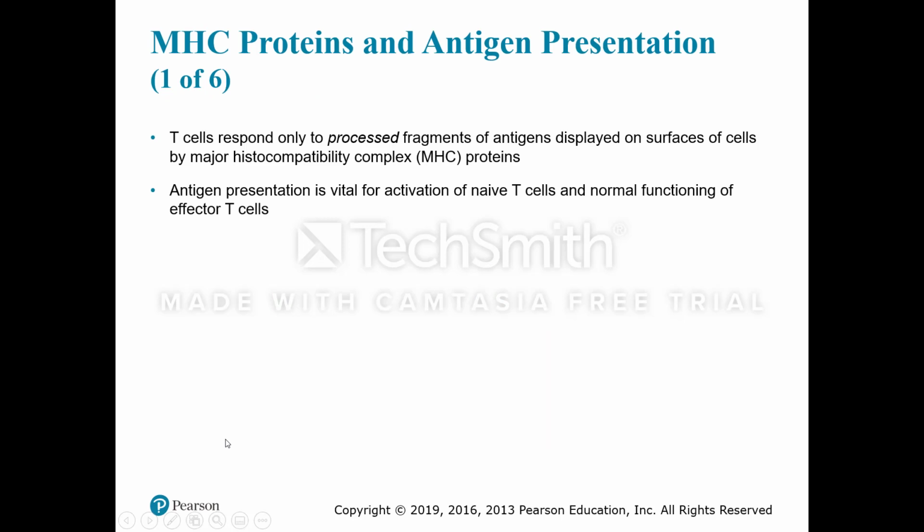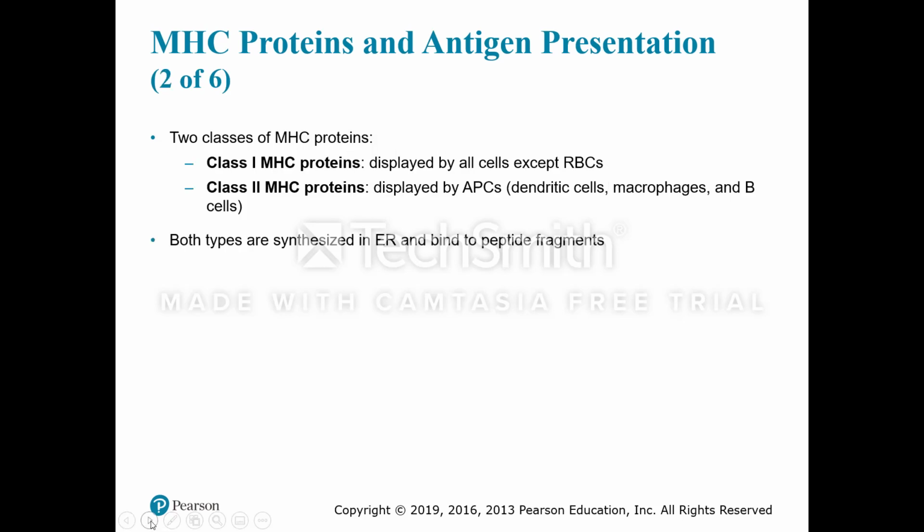So T cells respond only to processed fragments of antigens that are displayed on the surface of cells by MHC proteins. Antigen presentation is vital for the activation of naive T cells and the normal functioning of your effector T cells. There are two classes of MHC protein because these are the ones that are presenting.